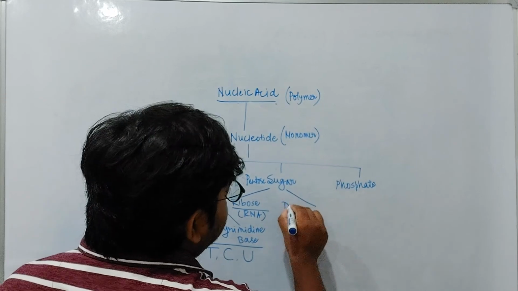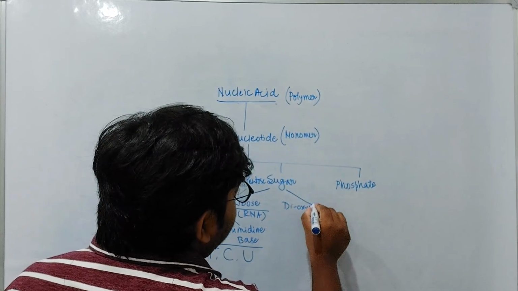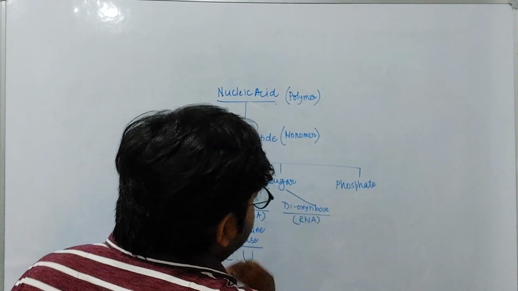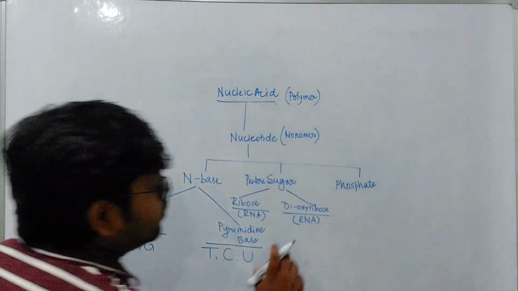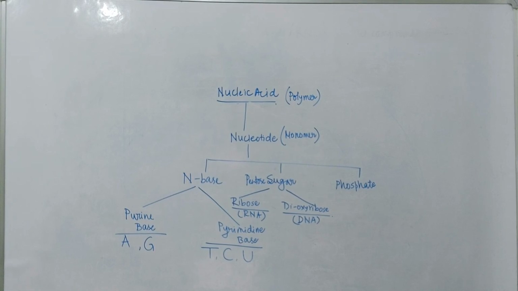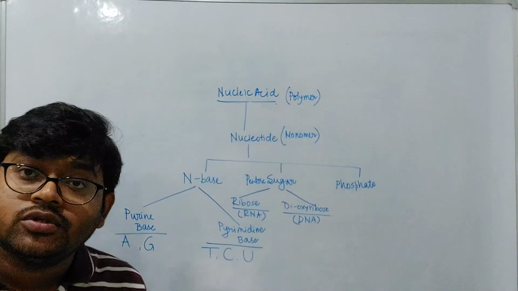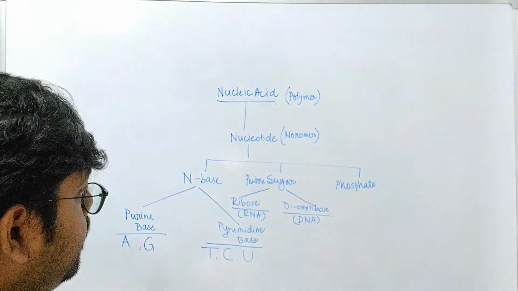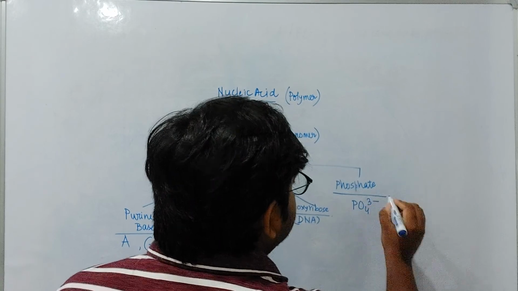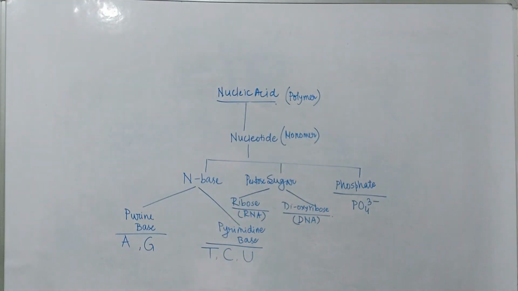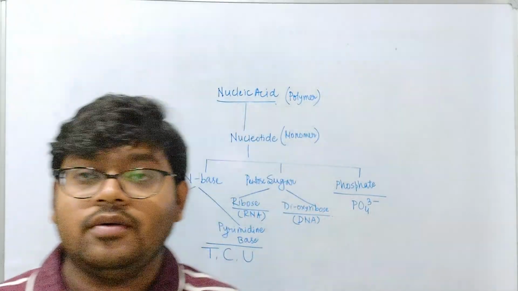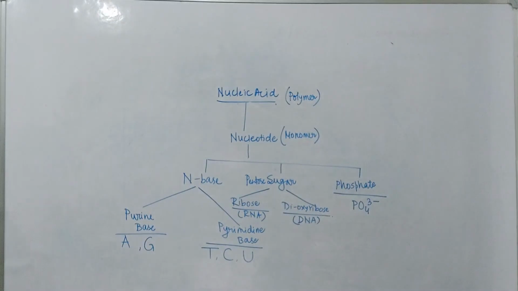Another one is deoxyribose, which is found in DNA. So ribose is found in RNA and deoxyribose is found in DNA. Now what about phosphate? Phosphate is the simple PO4 3 minus group. So these are the main components of a nucleic acid. They combine and result in the formation of a nucleic acid.